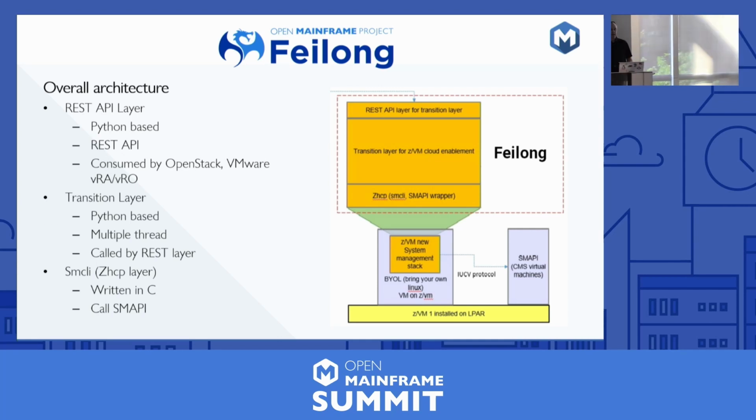So the 3 layers have to work together. Now, as you build up a Feilong environment, you can start testing the different layers because each one can work independently of each other. But really, the power comes when all three layers are working together properly.